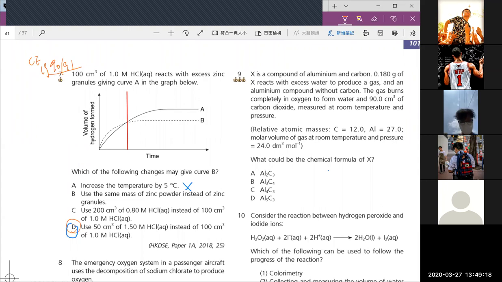Why is it D? Mole of reactant. Can you elaborate more? How does it affect, which part will be affected if you say that mole?